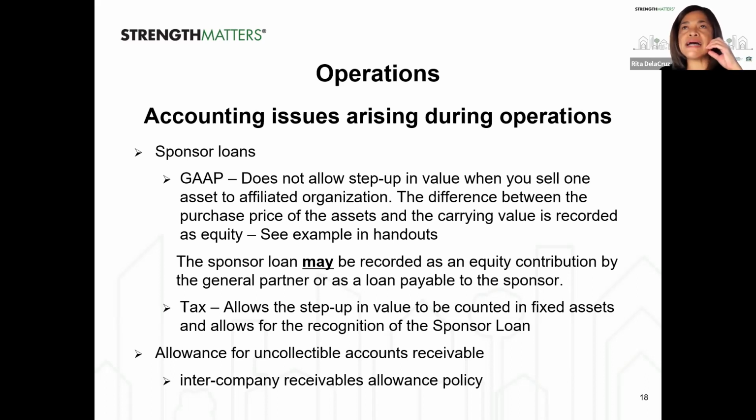So say that the carrying value of the project is 2 million. This is after all of the depreciation adjustments. And so at the point of sale, it's 2 million.